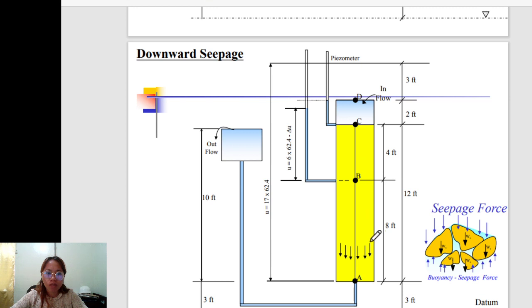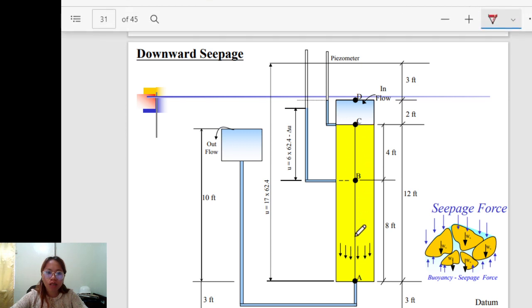If this is the soil mass in this length, the water flows downward, then flows out here. So the seepage force is downward, and buoyancy is of course upward. So buoyancy minus the seepage force.